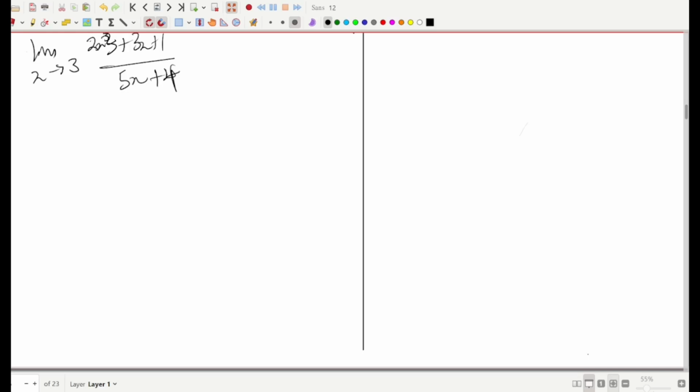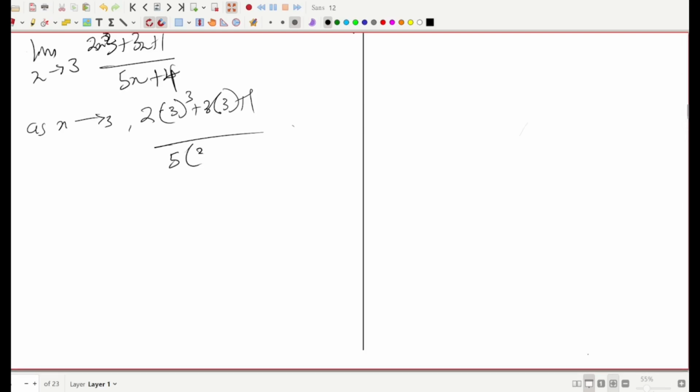Can do direct substitution. So as x approaches 3, this expression becomes 2 multiplying 3 raised to the power 3 plus 3 times 3 plus 1 divided by 5 times 3 plus 4.